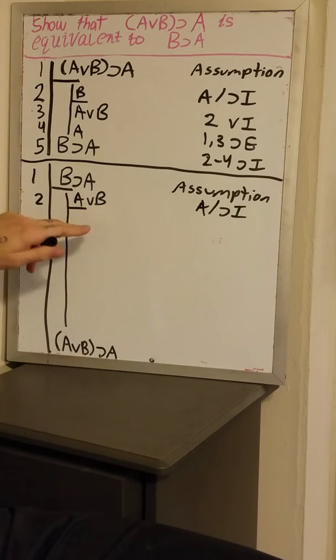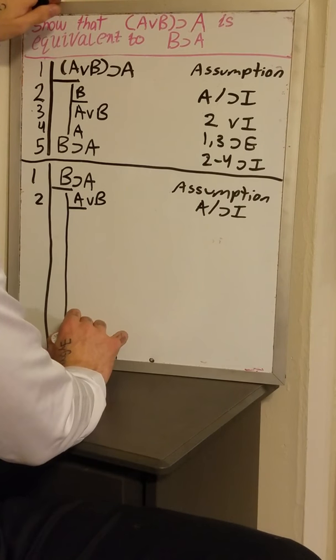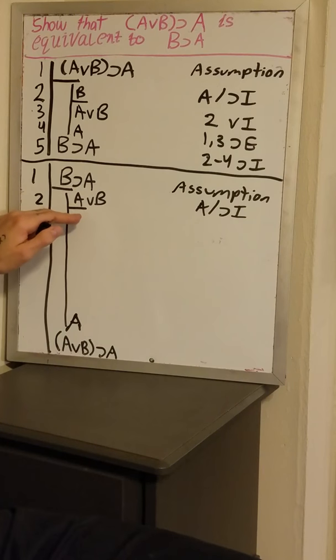And the strategy that suggests itself now is to use disjunction elimination. We're trying to show that A is going to follow, right, the consequent of the conditional. And we want to show that if A, then A, and if B, then A.